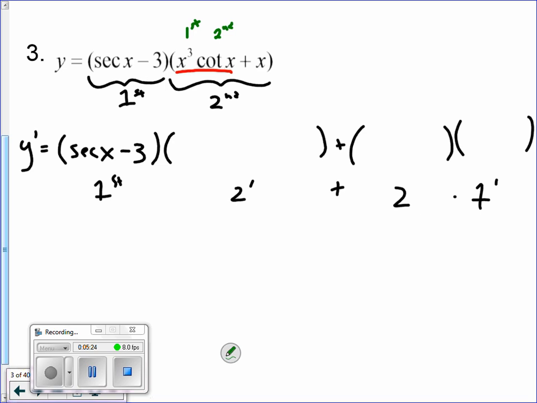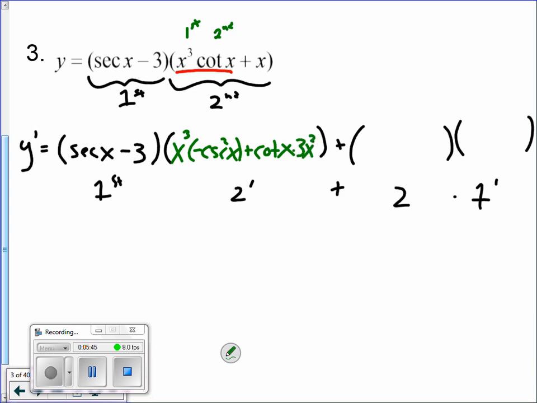So to take the derivative of just that first term, the x cubed cotan x, I'll need a product rule by itself. So I have first, derivative of the second is negative cosecant squared x plus the second cotan x times derivative of the first, 3x squared.